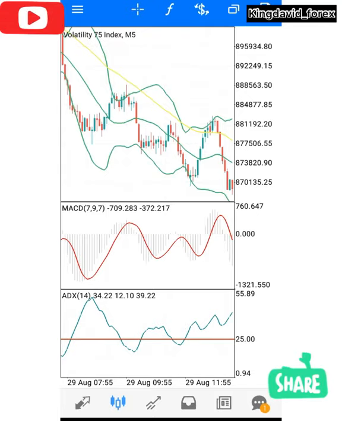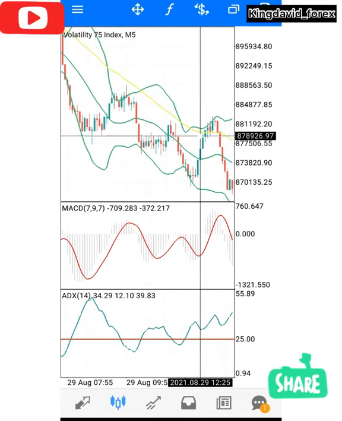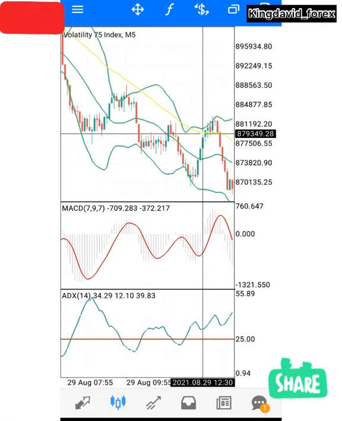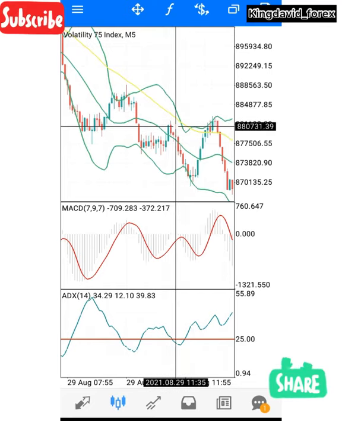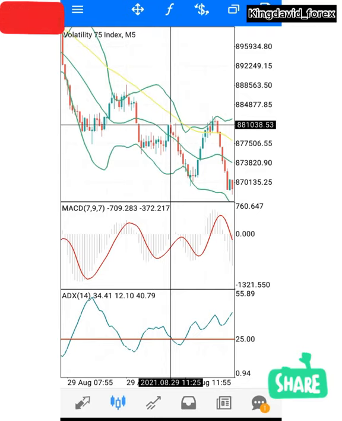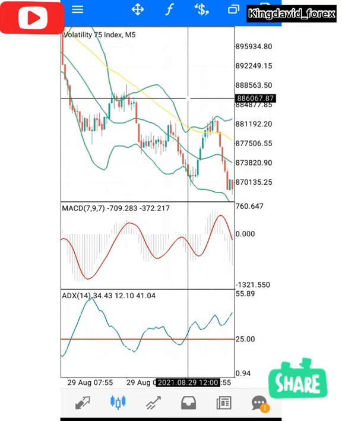The very first condition I observe is, what is the trend of the market? Is it a downtrend or uptrend? From here it is a downtrend. Why? Because this is the moving average 48 and currently candles are below it. So I'll pick that as my downtrend.